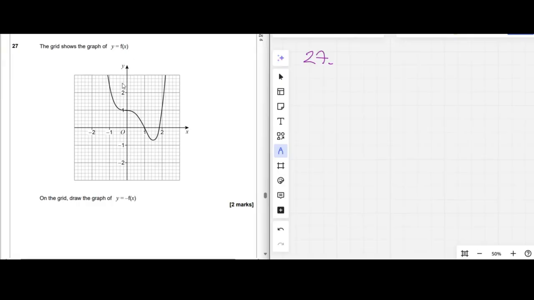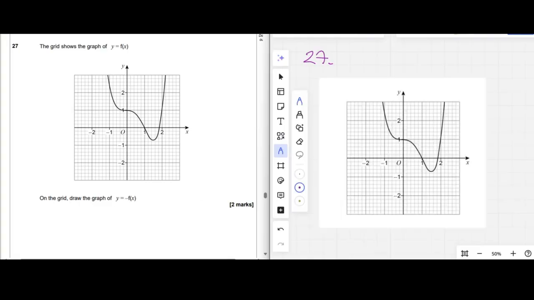27. The graph shows some funny function. On the grid, draw minus f of x. It is the symmetry around the OX axis.